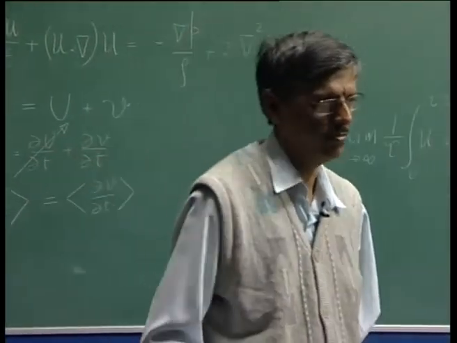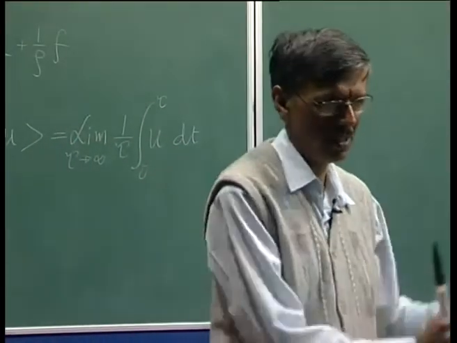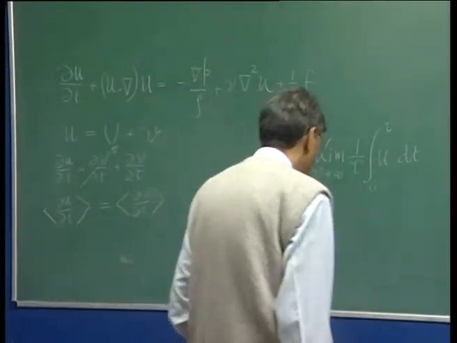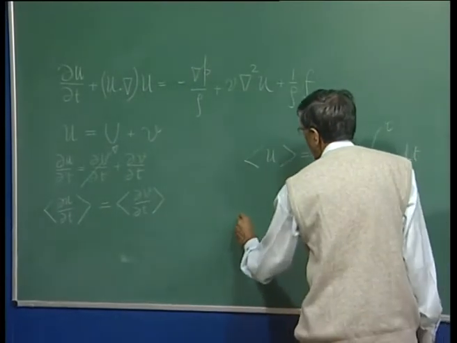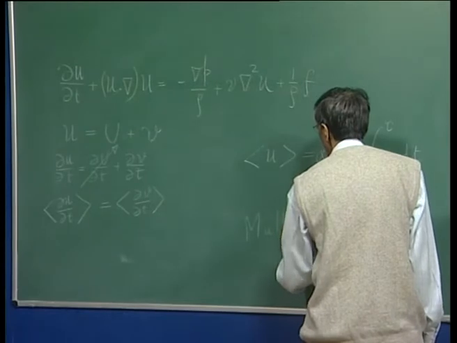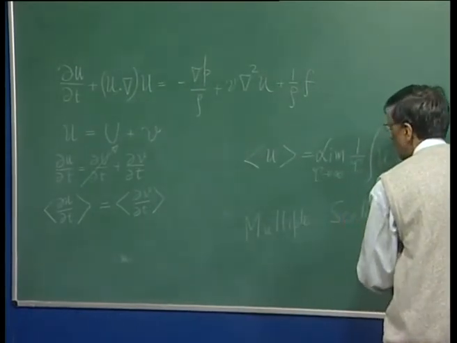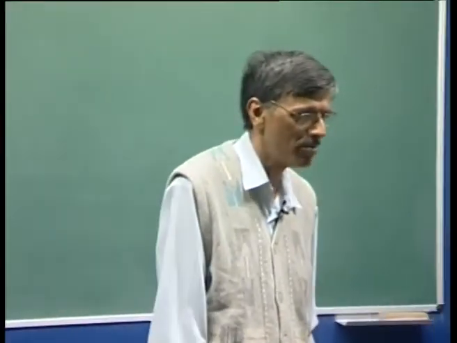If that is so, we could treat them independently. This is also the gist of what people talk about, theory of multiple scales, isn't it? We are having different types of time scales.